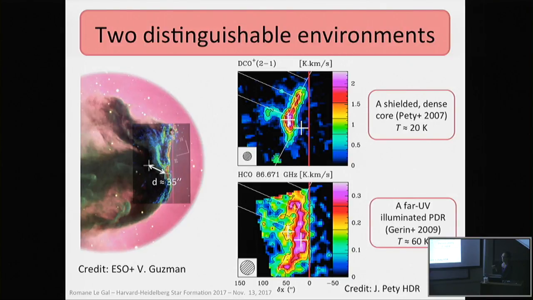This is why the Orion Bar is probably a good template to use as a reference for PDR models, in order to benchmark our model, and afterwards to be able to analyze more complex galactic observational data, or even extragalactic data.